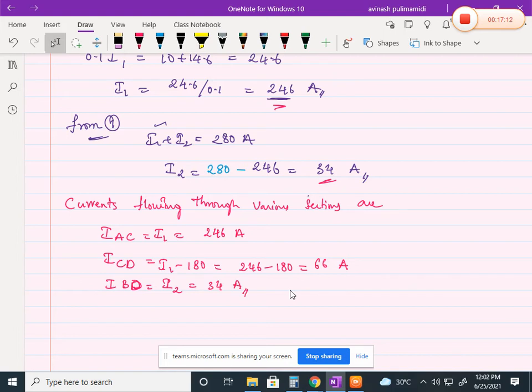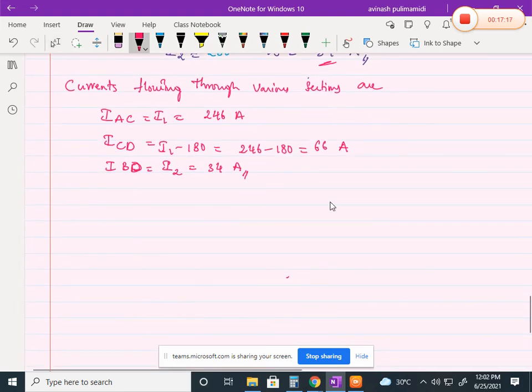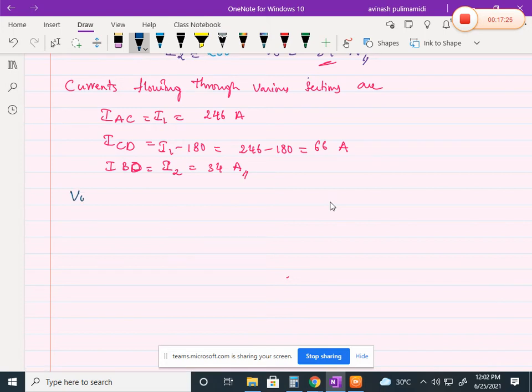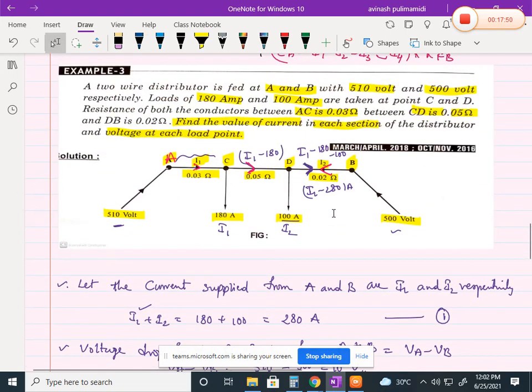Okay. Next, voltage drop across each load point. First one, voltage drop across C. How to find the voltage drop across C?